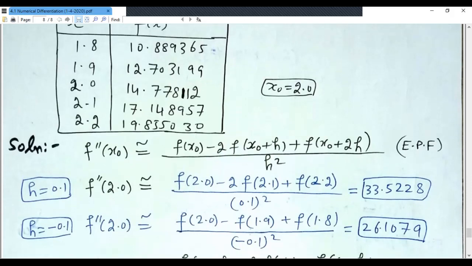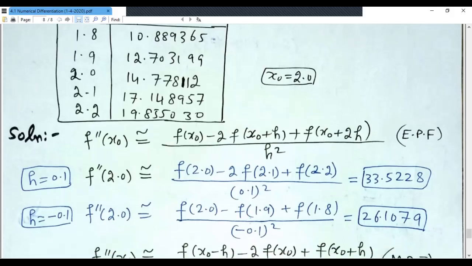0.1 and minus 0.1, because if x naught is 2, x naught plus h will be 2.1 if h is 0.1, and x naught plus 2h will be 2.2. Similarly, if h is minus 0.1, x naught is 2, x naught plus h, which means 2 minus 0.1, will be 1.9, and x naught plus 2h with h negative 0.1 will be 1.8.